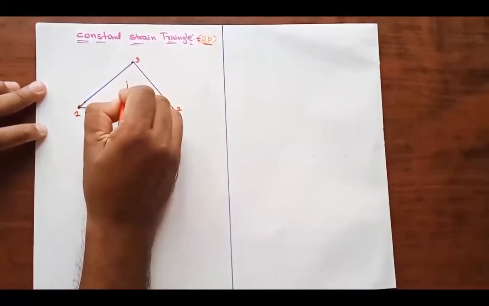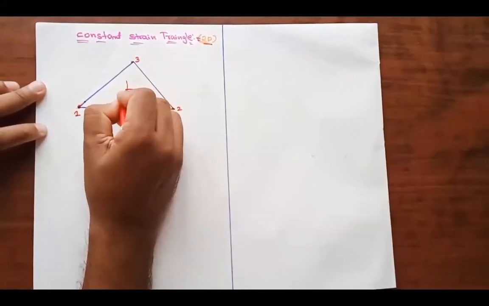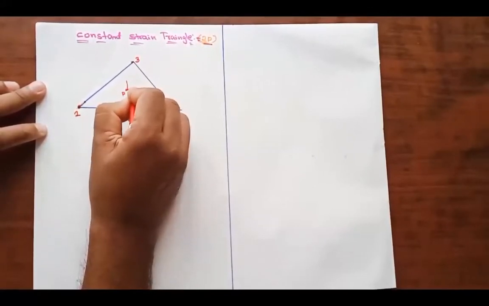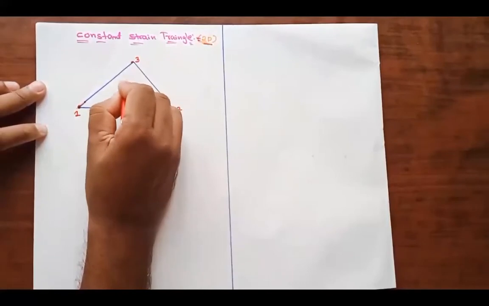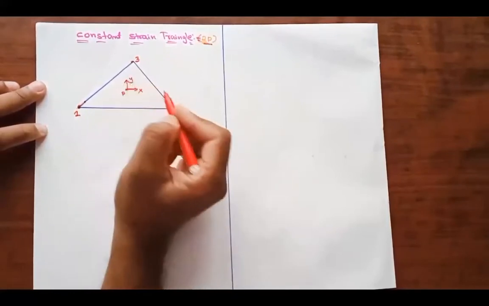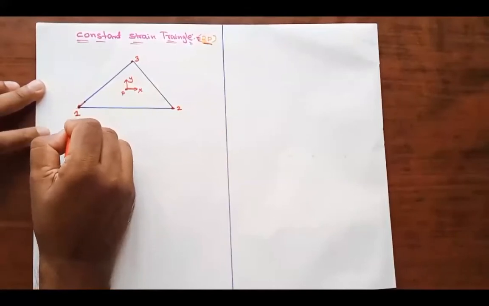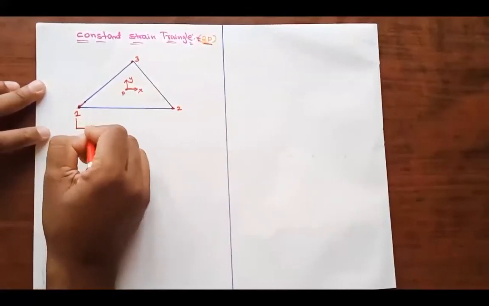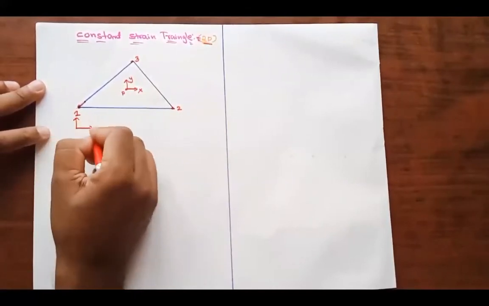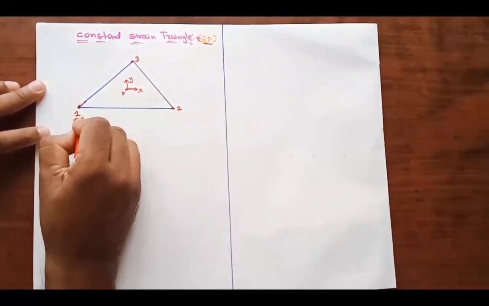So let us take the point P, having an x coordinate value as well as a y coordinate value. Similarly, let us define the coordinate values at the nodes. At nodal number 1 it has an x1 coordinate and y1 coordinate.